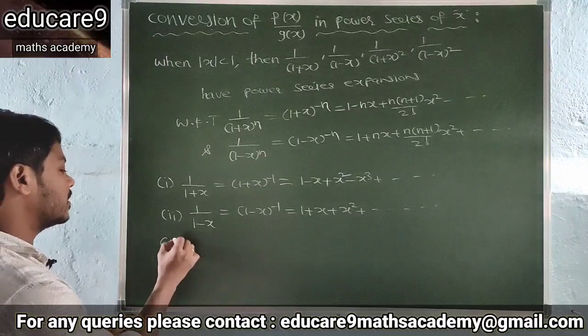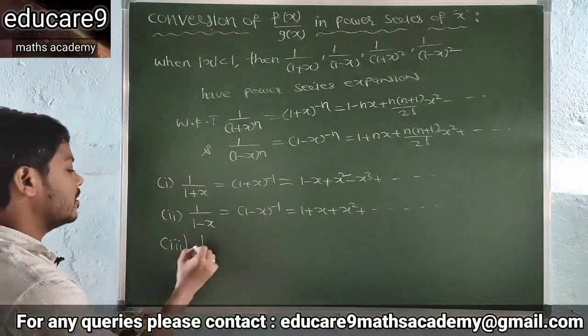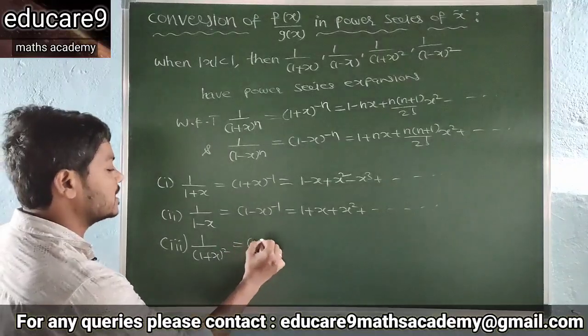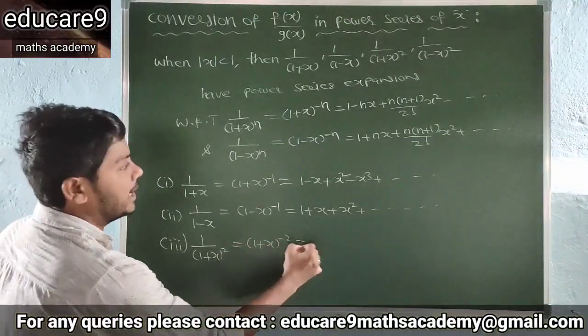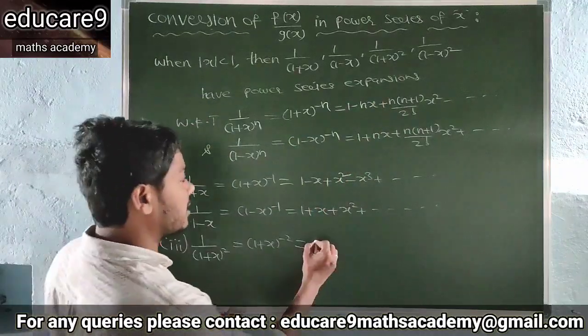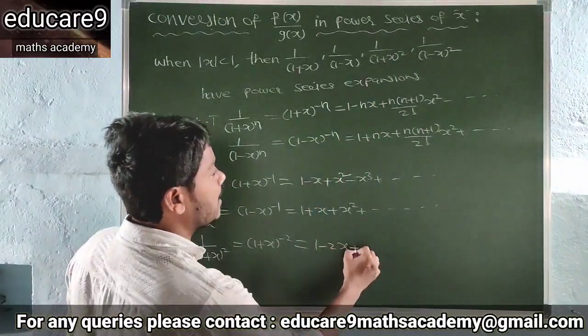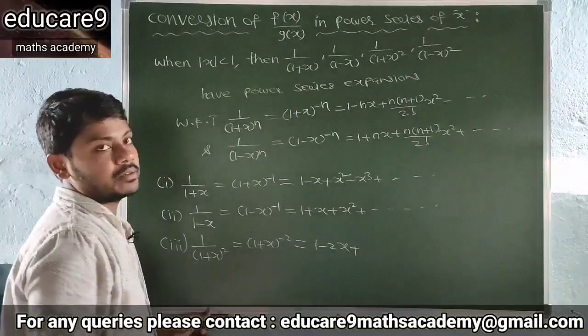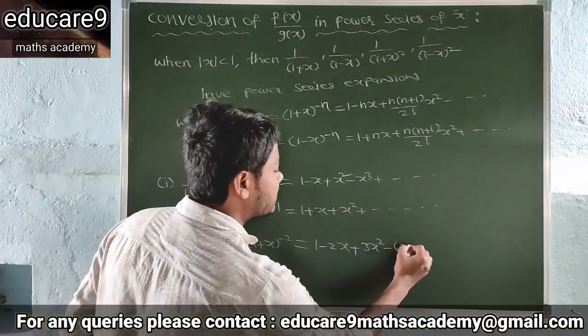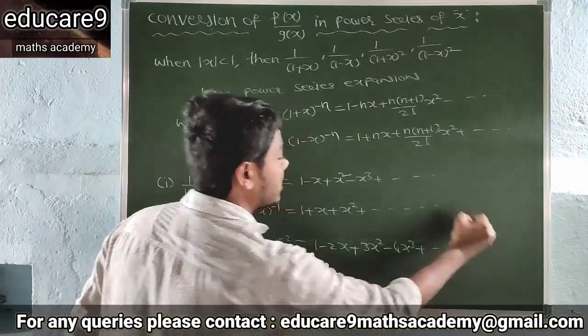And the third one, 1 by 1 plus x whole to the power of 2, is 1 plus x whole to the power of minus 2. Put n equal to 2 and you get 1 minus 2x plus 2 into 2 plus 1 by 2 factorial, that is 3x square, next minus 4x cube and so on.